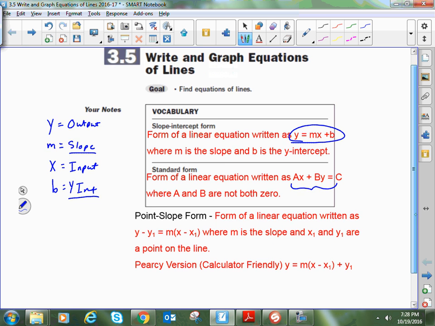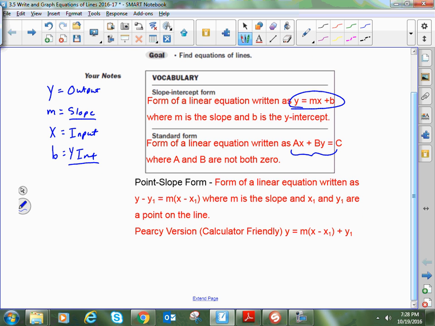But the one at the bottom here that's not included in the handout that you have, but is, I think, quite important to have, is the point slope form. So let me explain where the point slope form comes from. We know that the slope formula is y2 minus y1 over x2 minus x1.